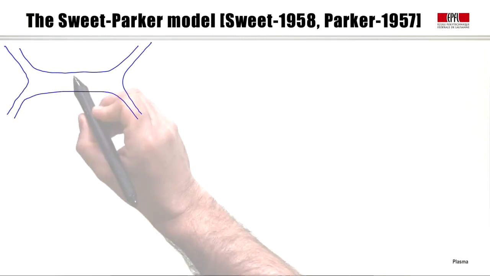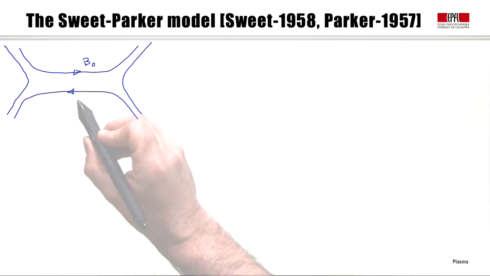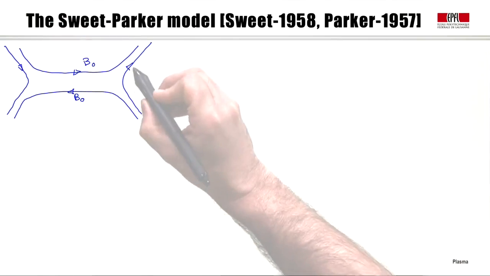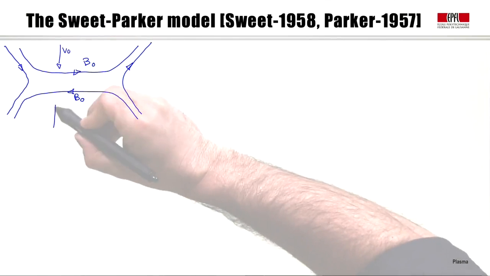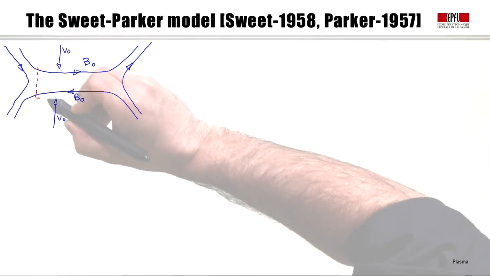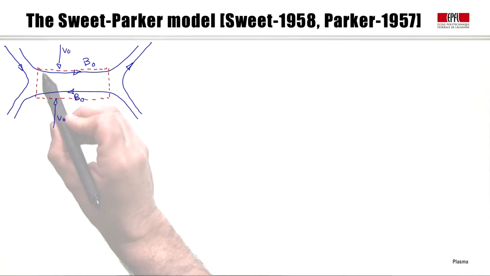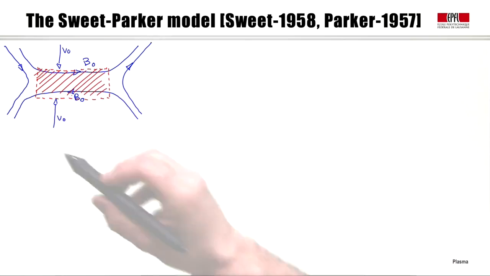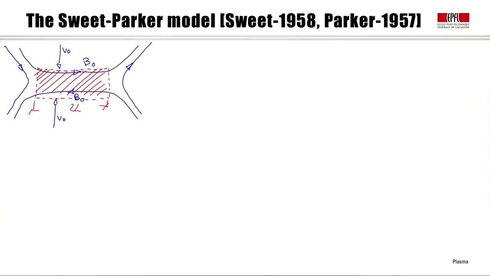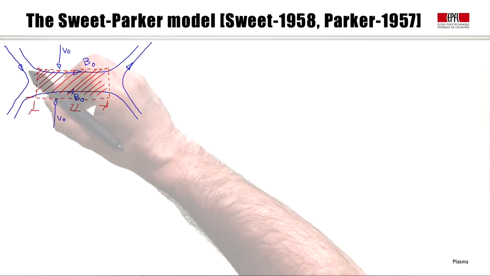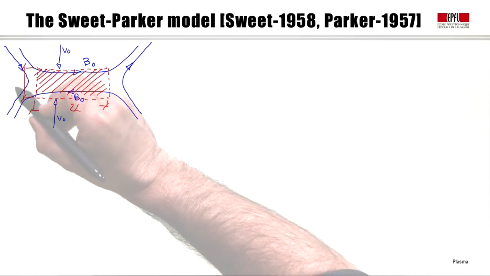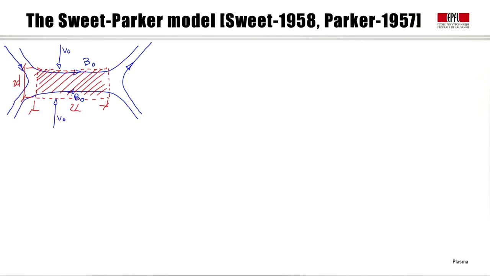The geometry of the Sweet-Parker model is represented here. Oppositely directed field lines with a magnetic field intensity B0 are brought together by a plasma flow with a velocity V0. They form a current sheet of length 2L and thickness 2D, shown here in red.